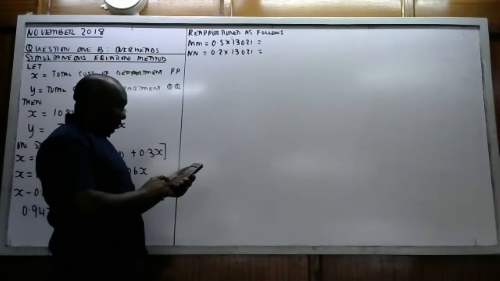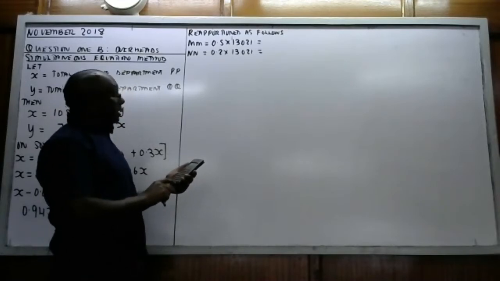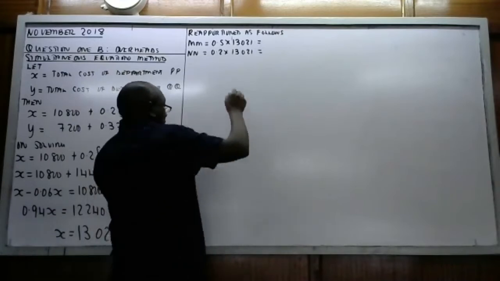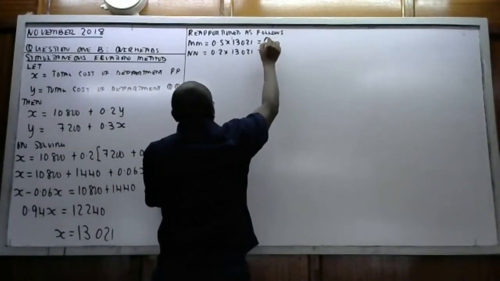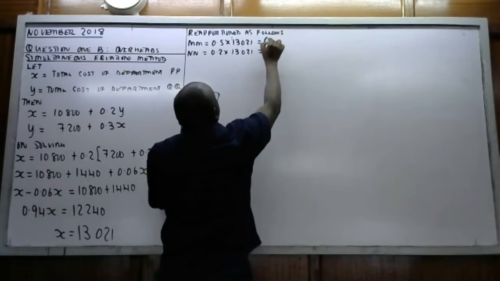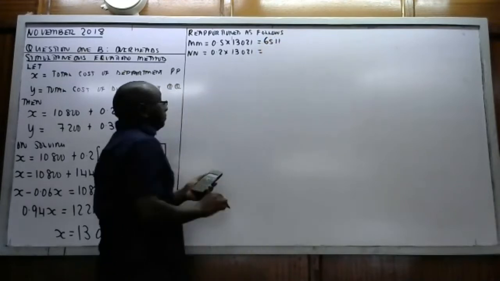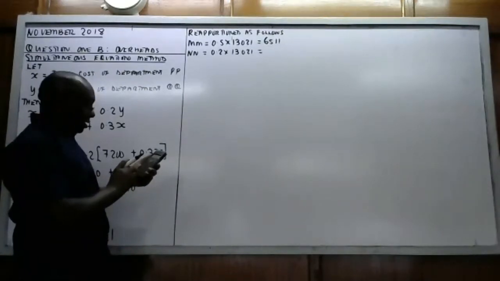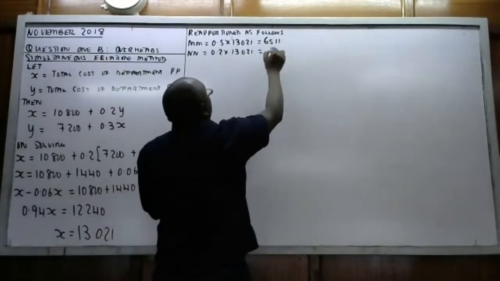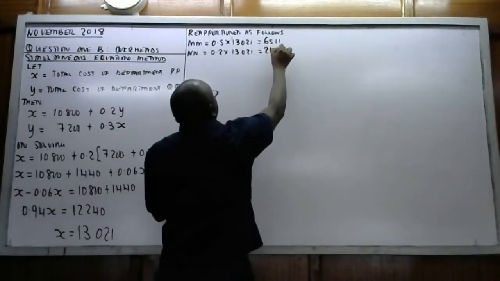So this one, we can round it up to 6,511. Then 0.2 of 13,021, we can talk of 2,604.